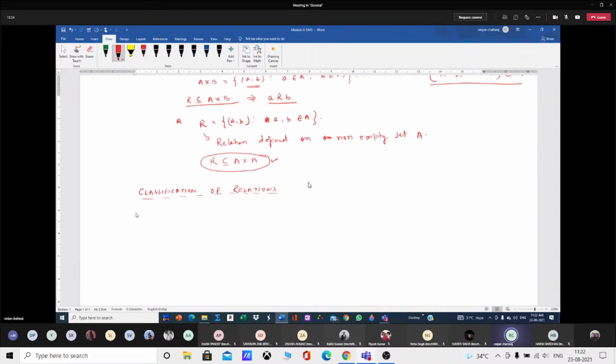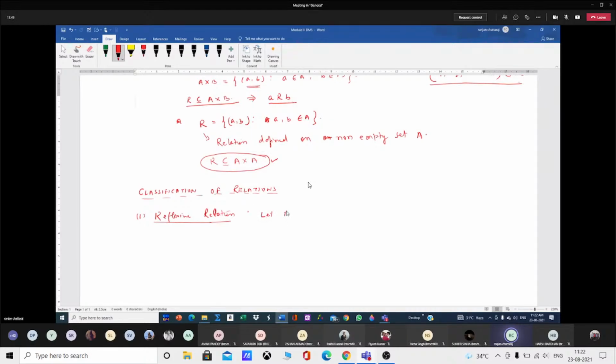The first one is the reflexive relation. So what is a reflexive relation? How to define this?